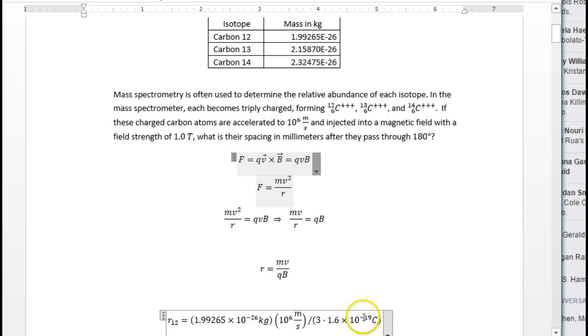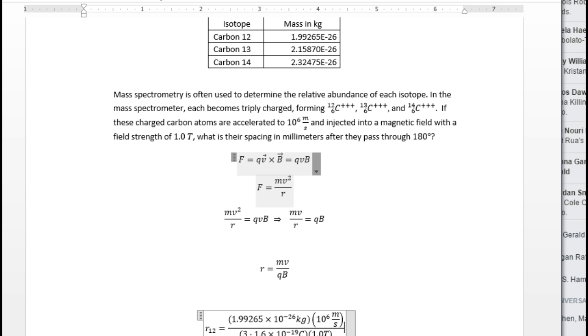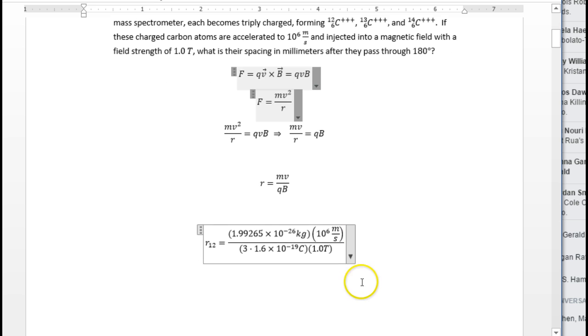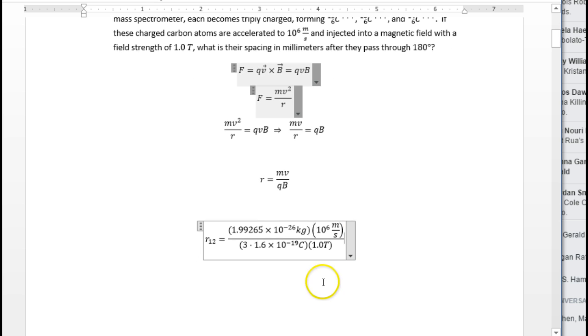One unit of charge is 1.6 times 10 to the minus 19th coulombs, multiplied by 3. And the magnetic field is 1 Tesla. So this is exactly the same equation for every single isotope.